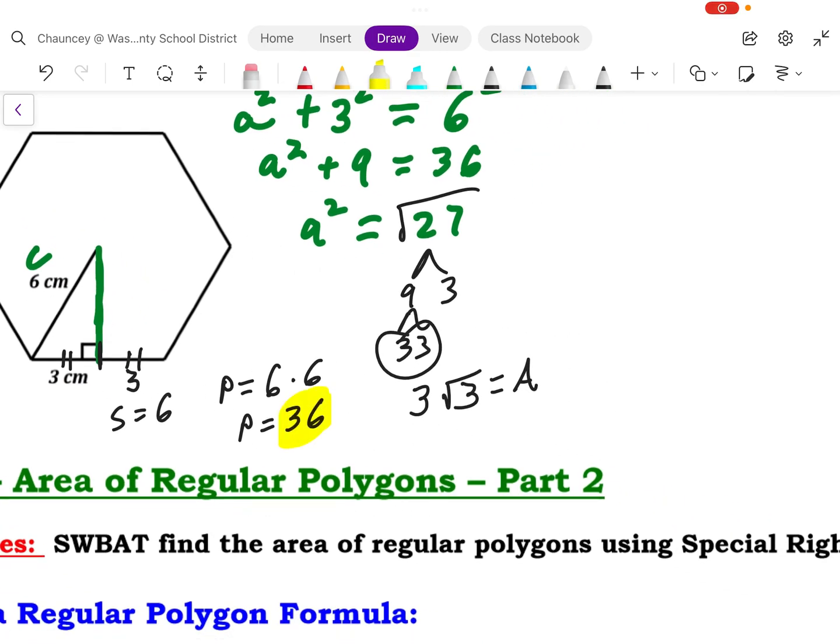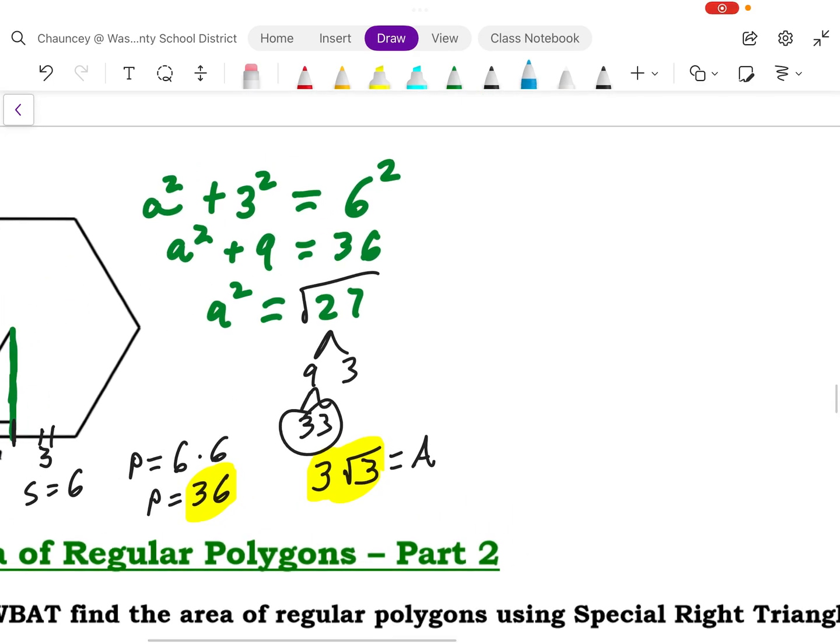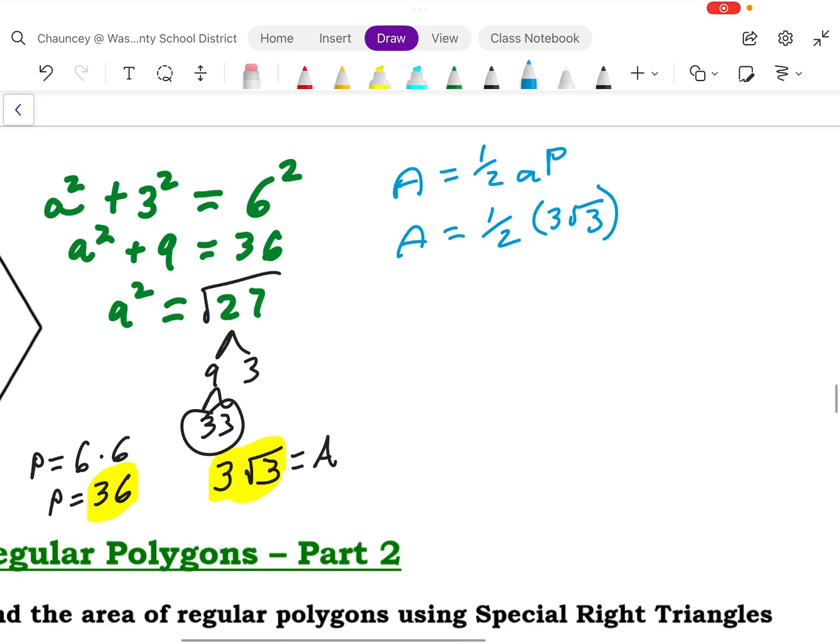So the main pieces we got: we got our perimeter, we got our apothem. Let's plug it into our formula. So again, our formula is area equals 1/2 apothem times perimeter. Plug and chug, 1/2 of 3 radical 3 times your perimeter, which is 36.